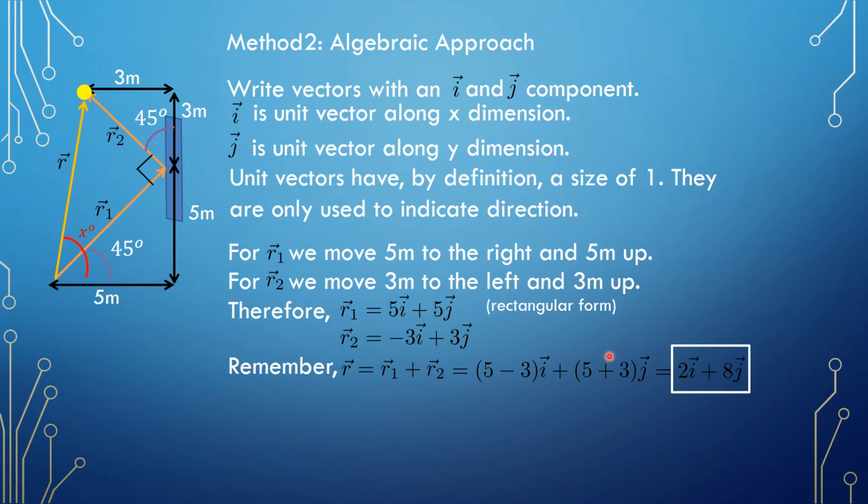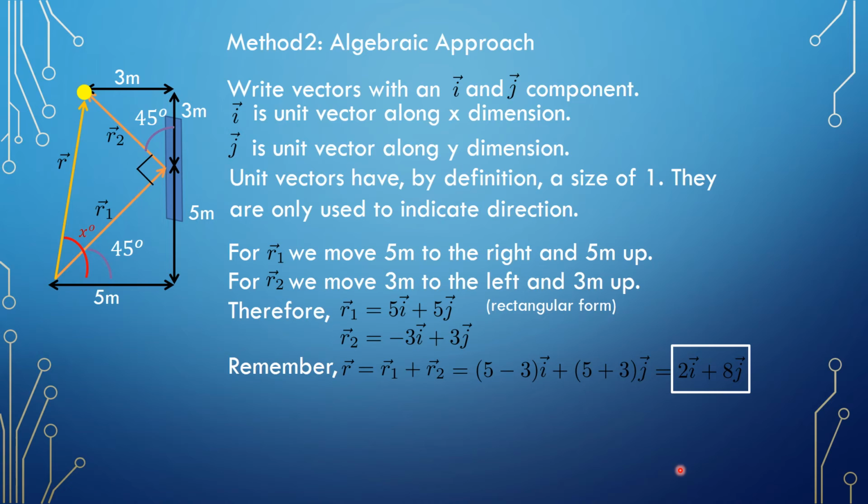So we can write this as 2i plus 8j. 5 minus 3 is 2, 5 plus 3 is 8. And so R is 2i plus 8j, and if we want to draw 2i plus 8j, it means we have moved 2 meters to the right and 8 meters up.